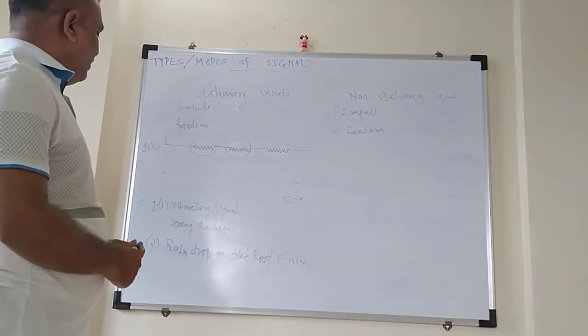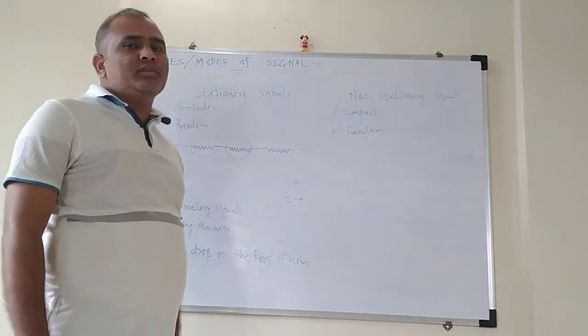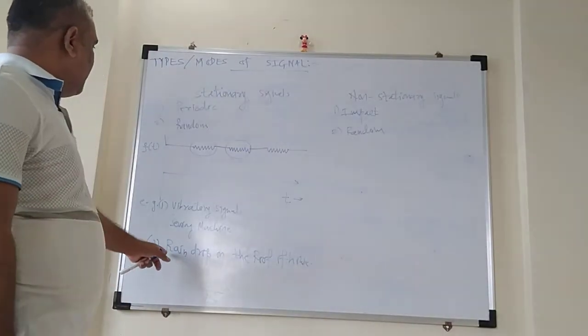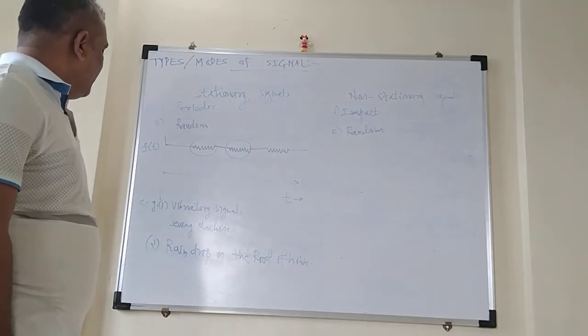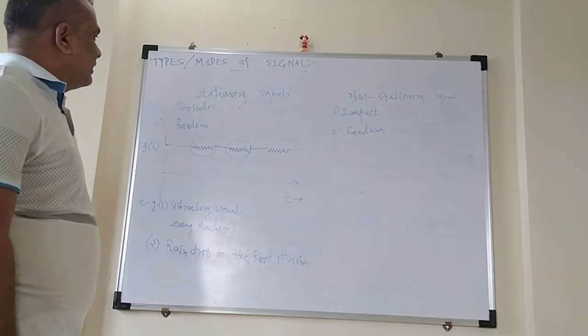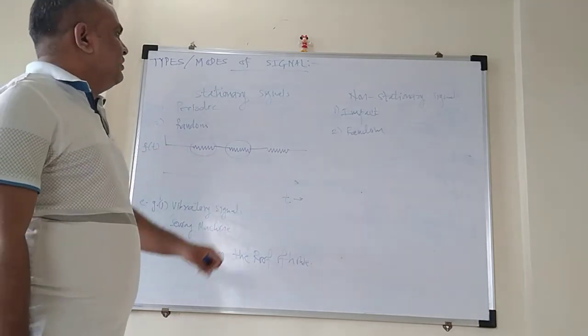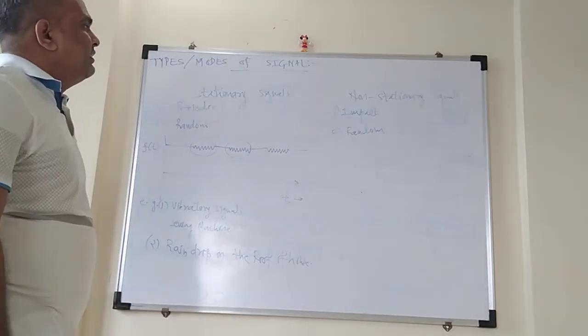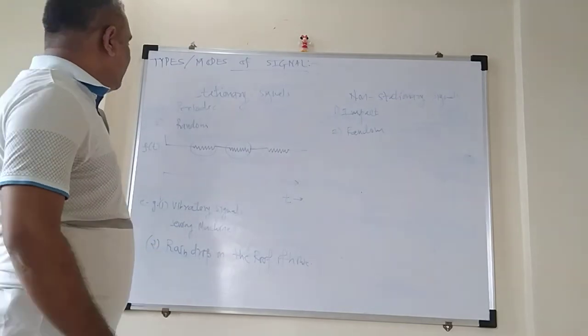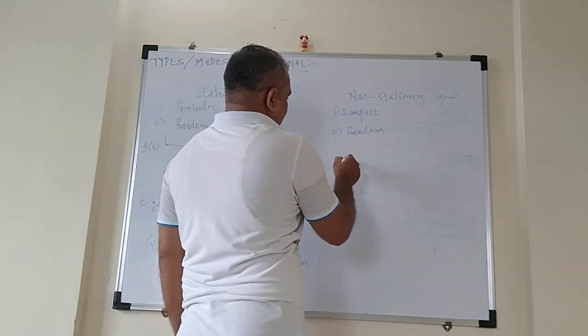We don't know when the raindrop is going to drop on your roof. So this is an example of a random signal, and these stationary signals are continuous, whereas these non-stationary signals are not continuous.